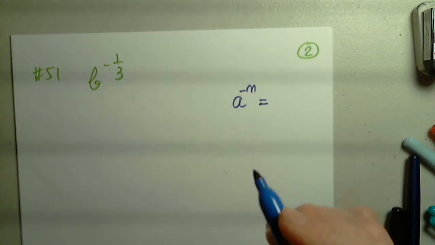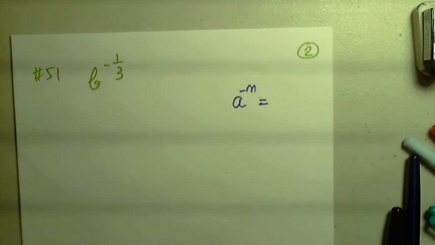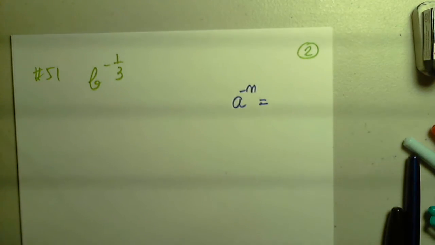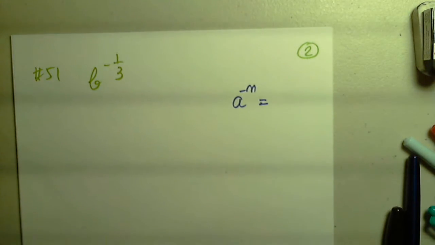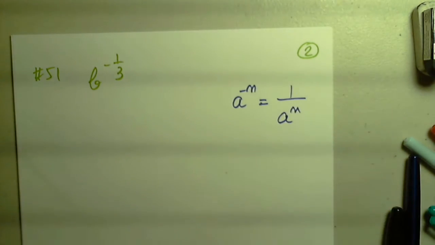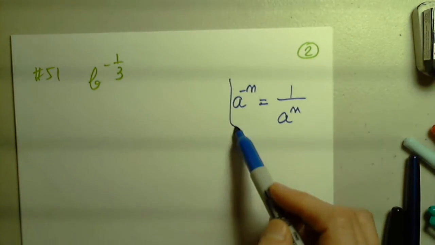What does a to -n equal to? Someone I haven't heard from? Yes, Kimmy? Is that where you have 1 over a to n? That's it. Awesome. So please remember that.